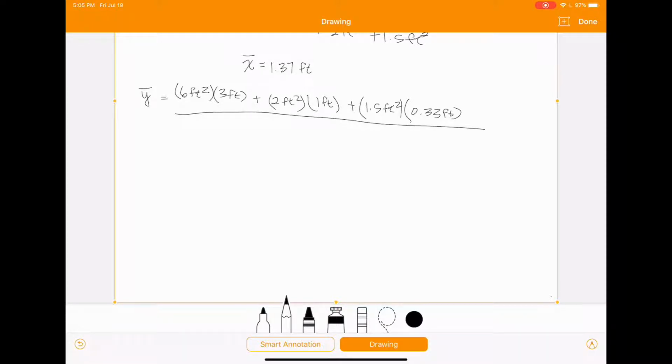And again, divide that by the sum of the areas, 6 feet squared plus 2 feet squared plus 1.5 feet squared.